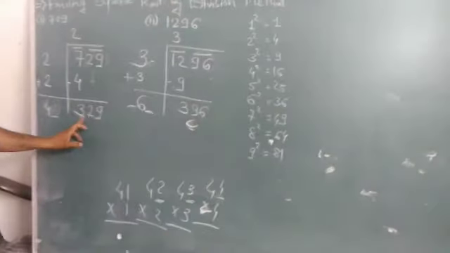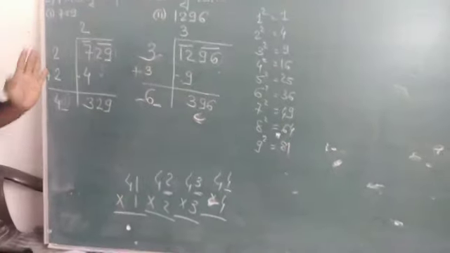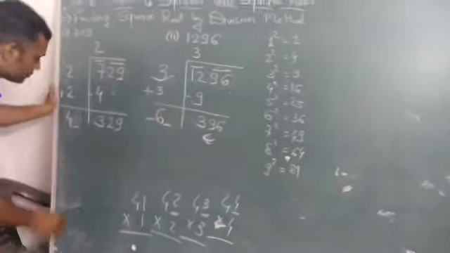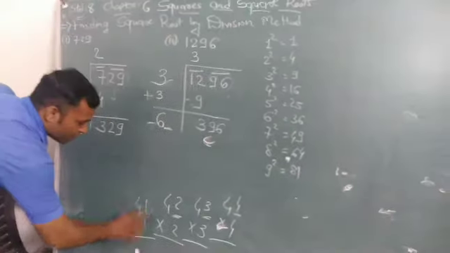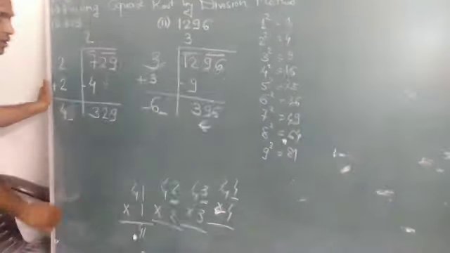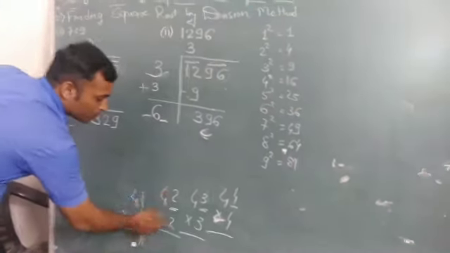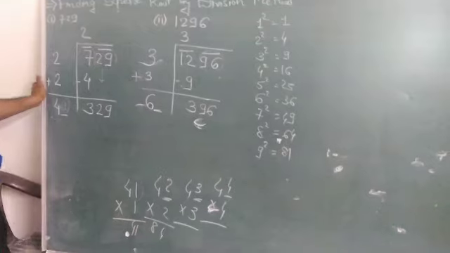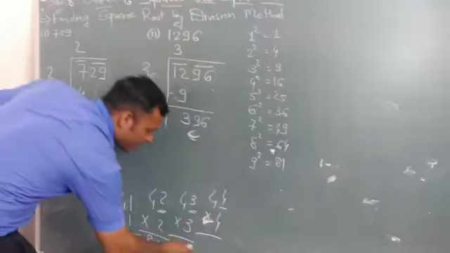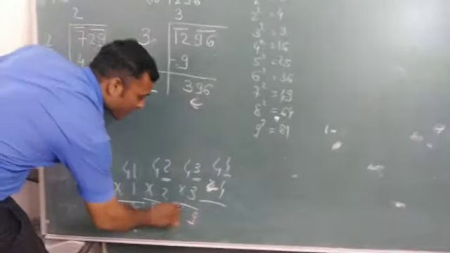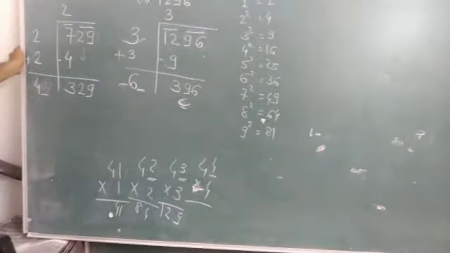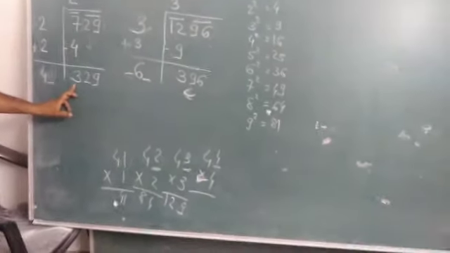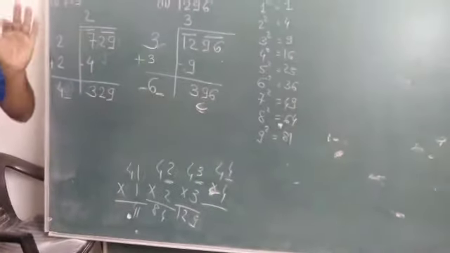Where you got 329. Now you can see here, if you put 1, 41 goes 41. If you put 2, multiply by 2: 2 2s are 4, 2 4s are 8. Not 3 3s are 9, 3 4s are 12. When you get 329, this is your answer.